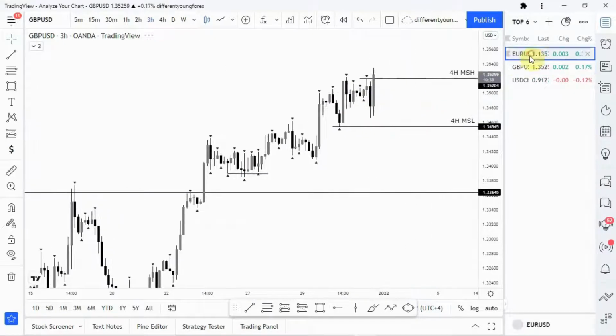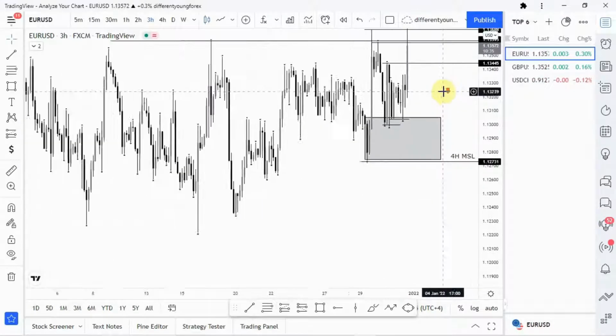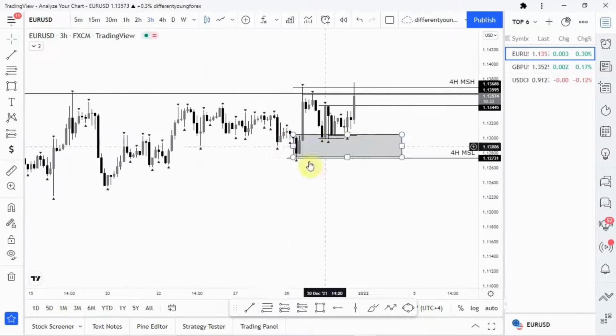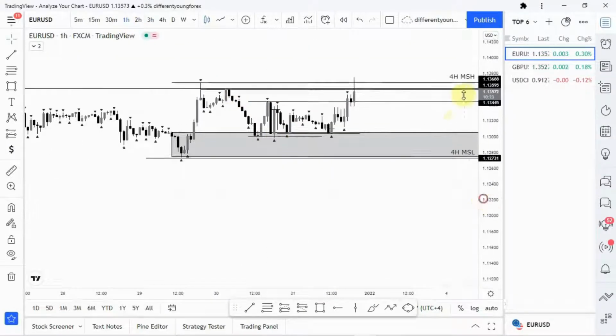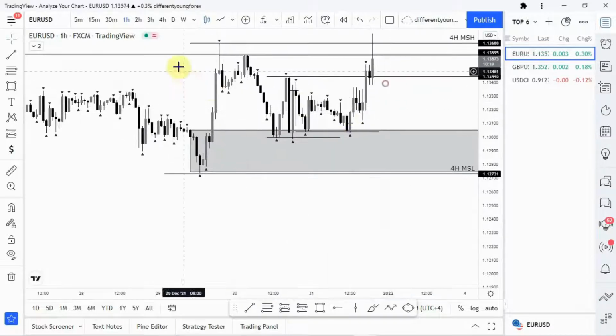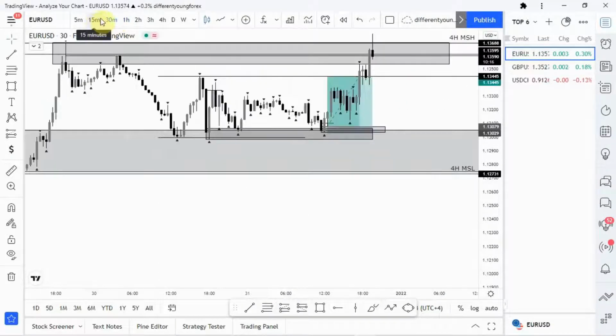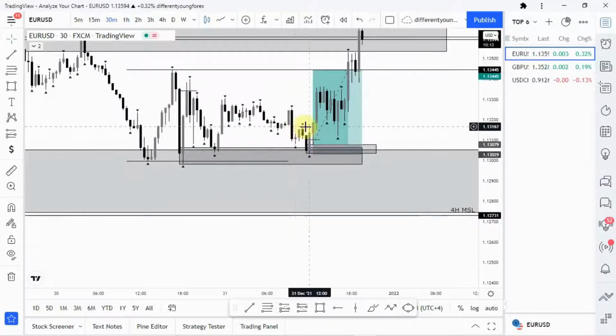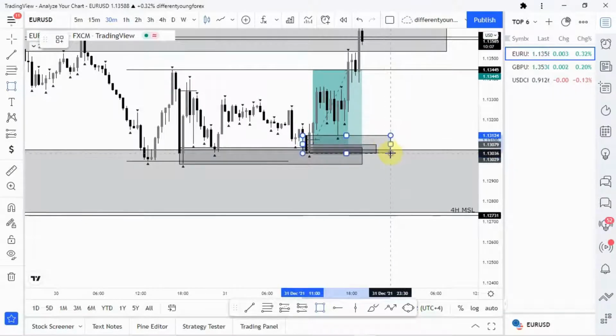So on EurUsd there was a good trade, considering everything: that good flow, 4H flow, and a good 4H raid, then it came into a 5-minute block, then again had a 1H raid right here. And on the 30-minute, even though it was taken, structure was taken there, and there was this block which worked.